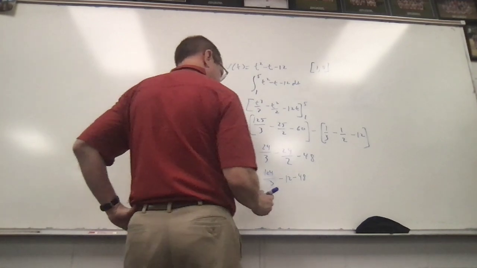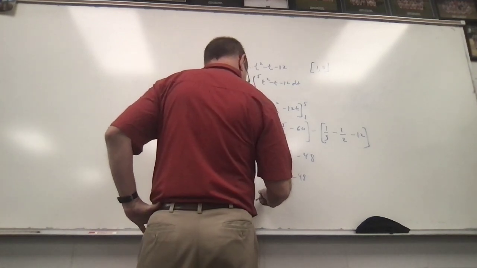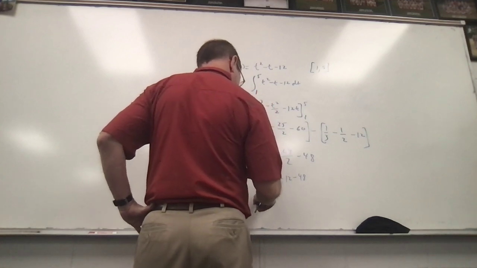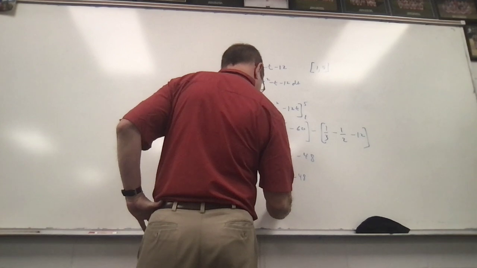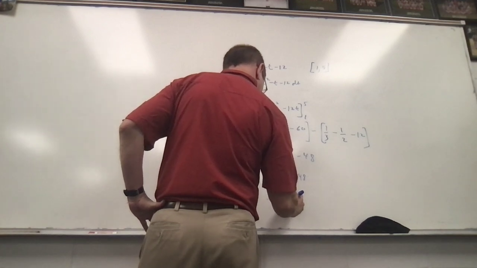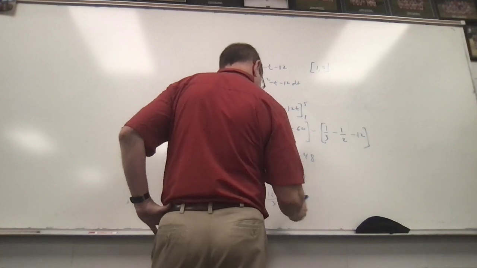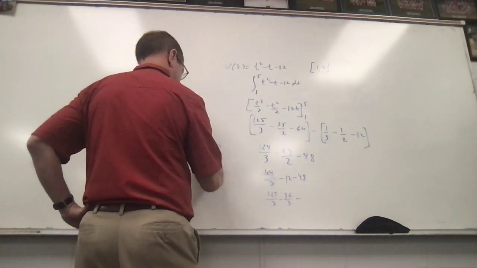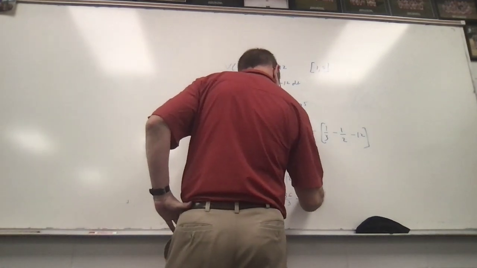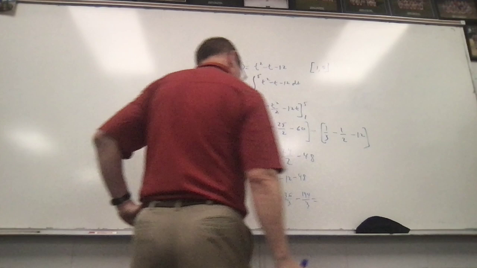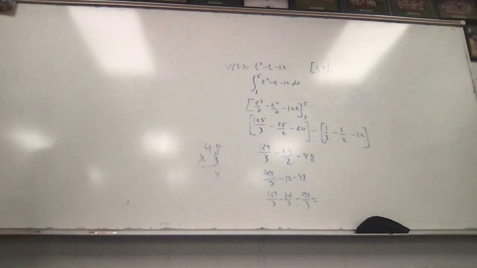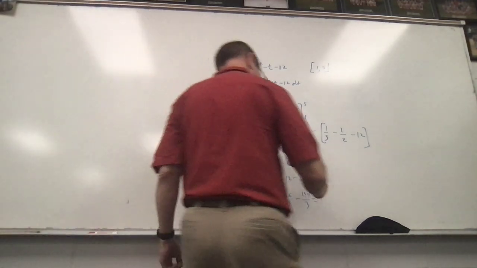So let's get a common denominator here. We have 124 over 3 minus 36 over 3 minus 144 over 3. So we end up getting 124 minus 36 minus 144. Can someone do that in their calculator real quick? Negative 56 over 3, thank you.